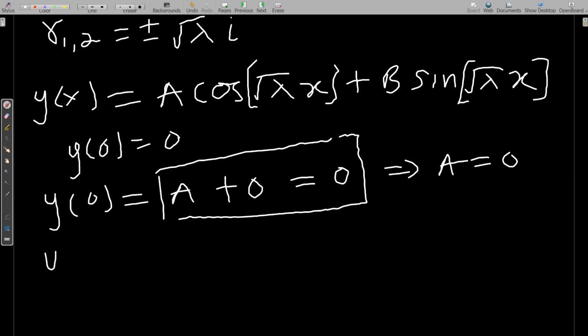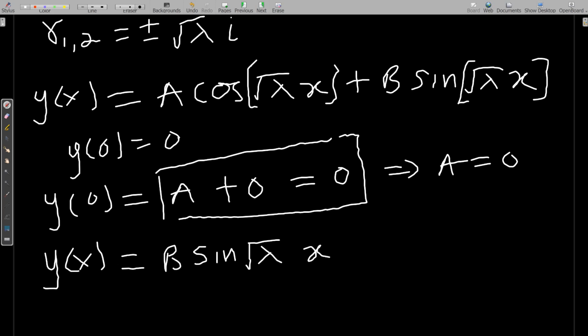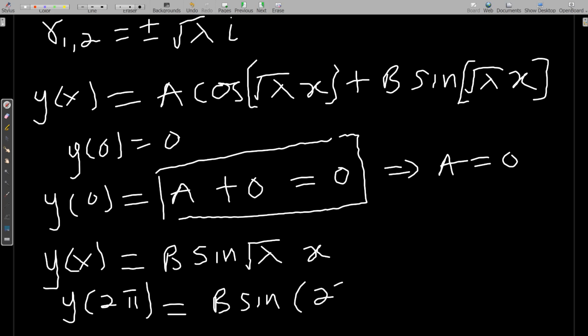Now this implies that our y of x is actually equal to, since a is 0, y will just be b sine of square root of lambda x, because a is 0, so we have only this side. Now you consider the other boundary condition, y of 2 pi, and y of 2 pi is equal to b sine of 2 pi square root of lambda.